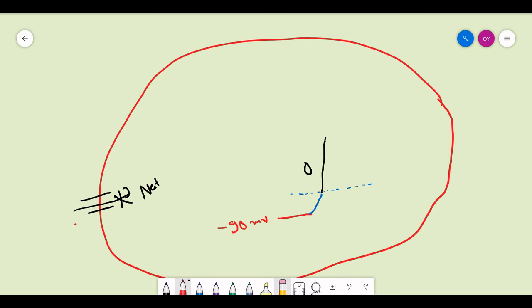See, this potassium channel opens. Potassium channel opens, and as potassium channel opens, potassium moves out and membrane potential comes towards negative. But here in this cardiac muscle cells, this happens for very short time.